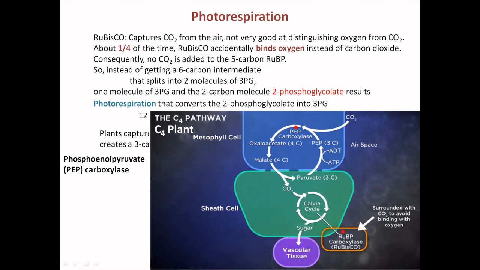There is another type of plant called CAM, Crassulacean acid metabolism plants. They are found in very hot and dry places, and the plants are like orchids, cacti, and pineapple. In these plants the process is almost the same, except for the mesophyll cell. The stomata are closed during the daytime, and at night they take in CO2.